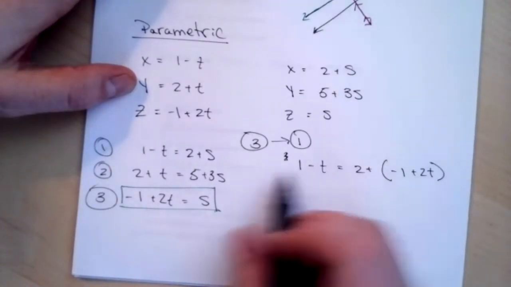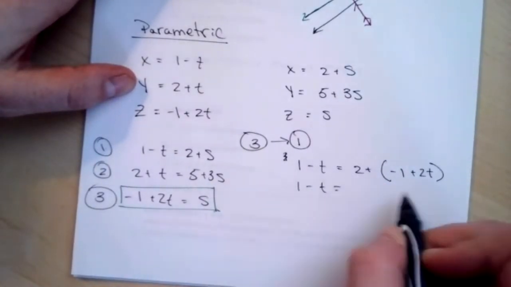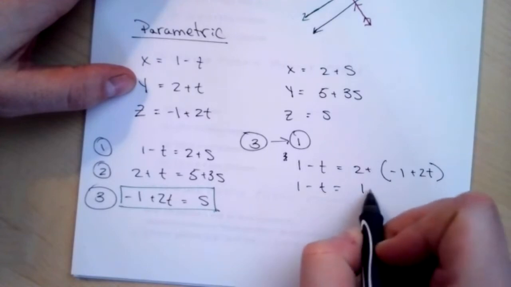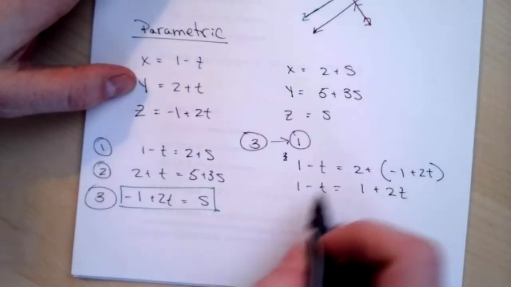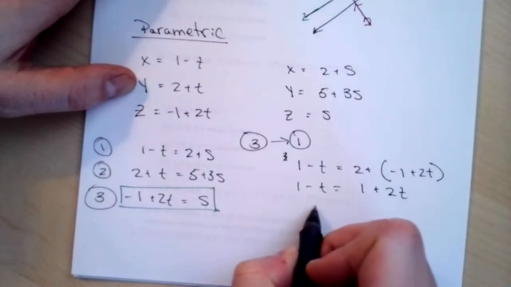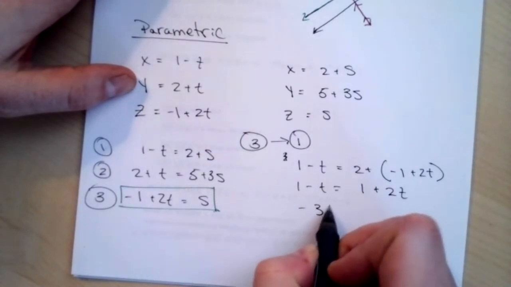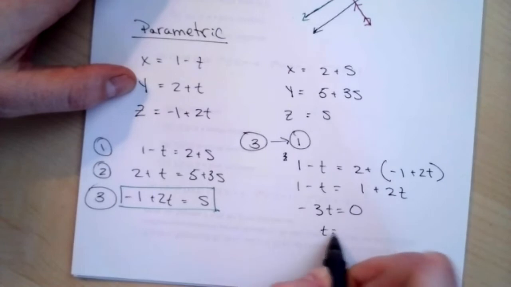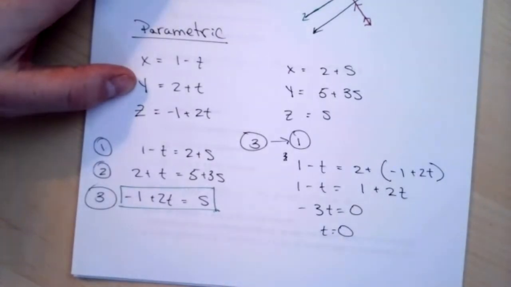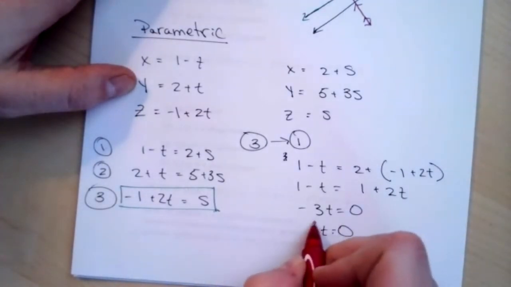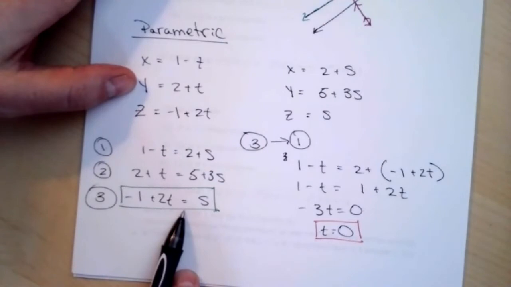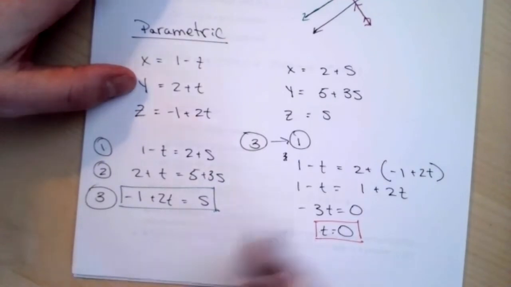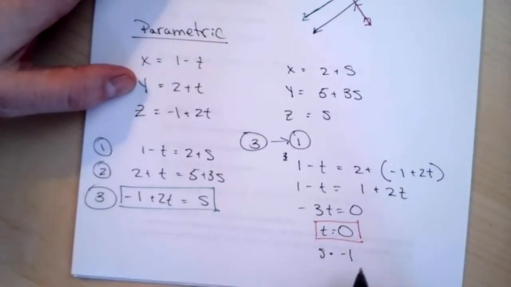And now we can solve for our time. 1 minus t is 1 plus t, 2t. And then we subtract, we'll get 3t equals 0, t equals 0. And so now our question is, will this hold? Because if t is equal to 0, we can plug that back into here, and that's going to tell us that s is equal to minus 1.